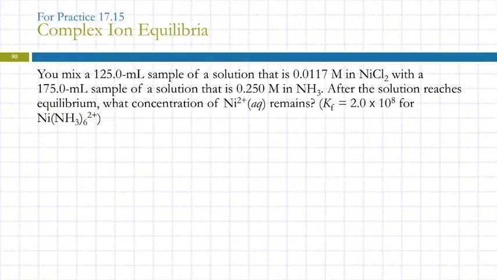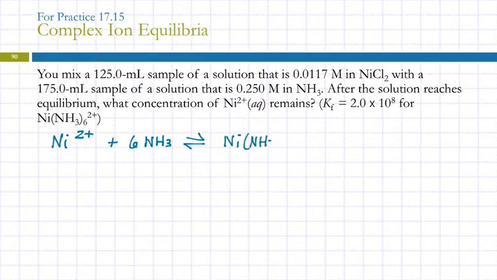So we can write an equation describing the formation of that complex ion. Nickel 2+ is going to get together with 6 ammonia molecules and form the complex ion. You okay with that?